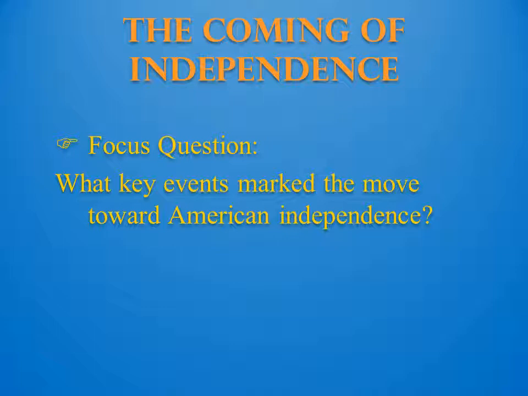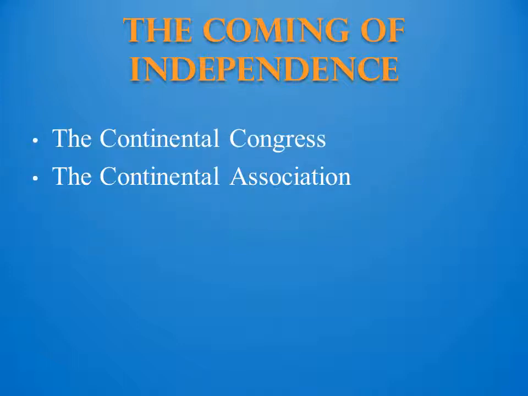Now, in this next section, we're going to be focusing on the coming independence, the events that are really moving towards American independence. By 1774, British actions had eroded the imperial government's legitimacy among many colonists.